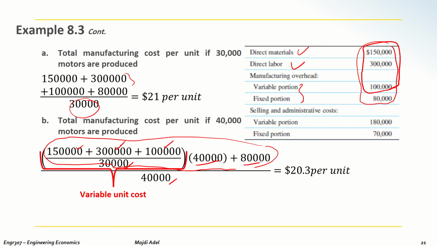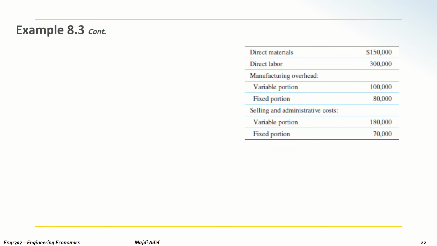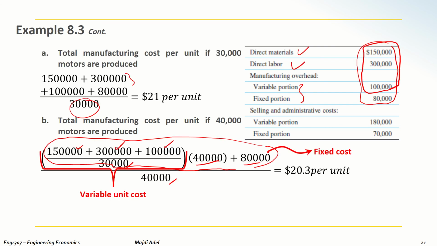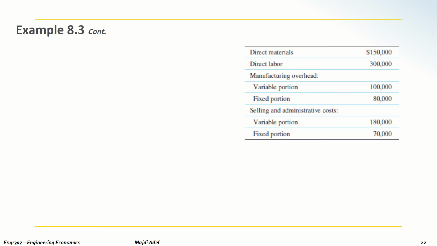This is the variable cost per unit, and this is the fixed cost. So the total unit cost for producing 40,000 is 20.3. It's clear that if I increase the production rate, the manufacturing cost per unit decreases.